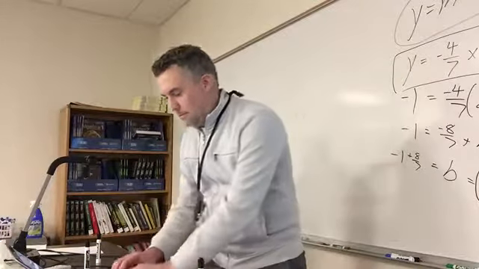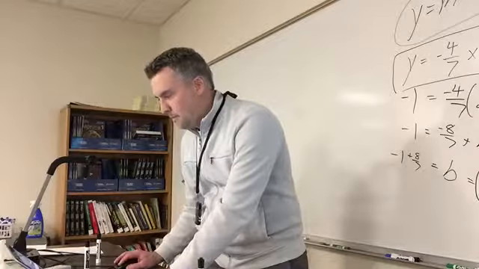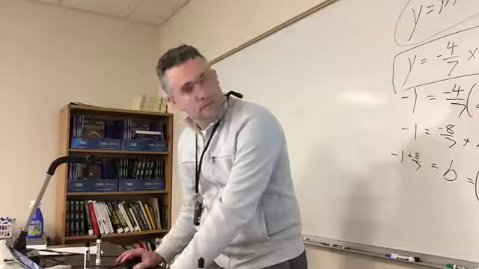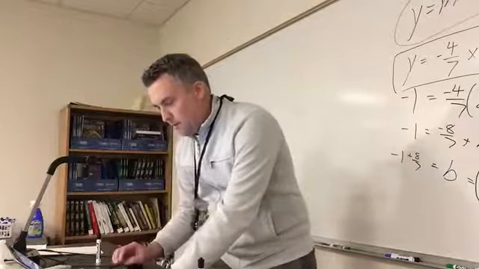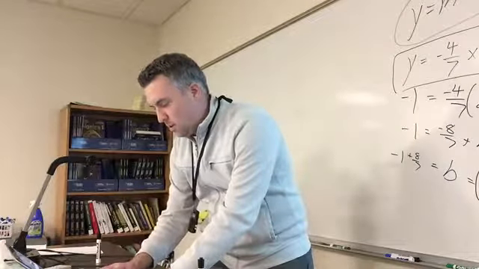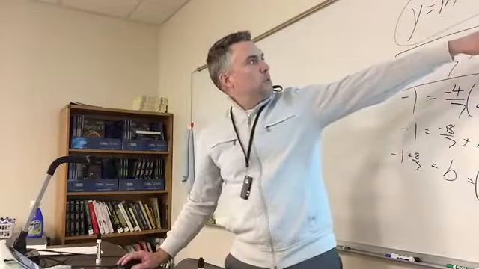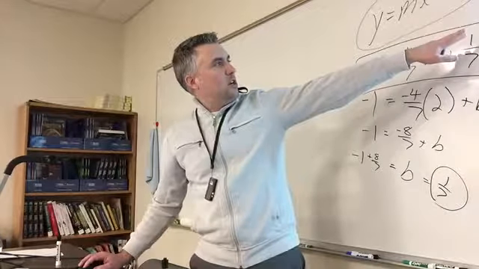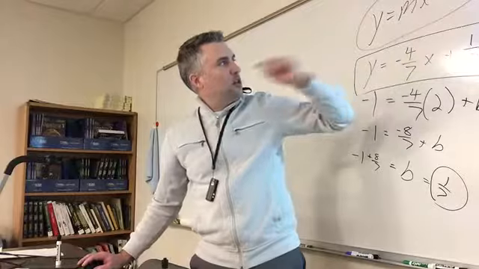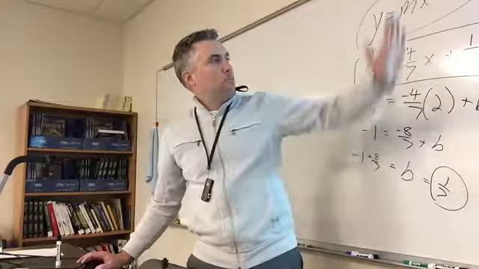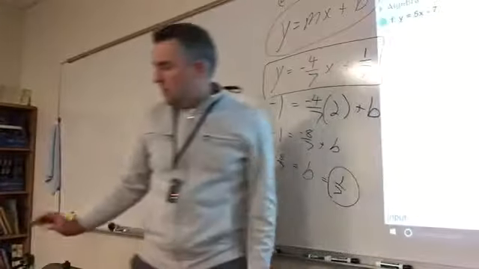Okay, notice it spits it out in general form. I'm going to change it to mx plus b form. So there it is, 5x minus 7. Slope of 5, intercept of negative 7.